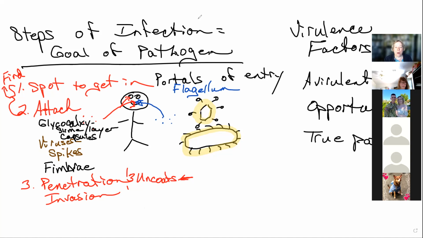So what would help a pathogen invade? Let's go ahead and start with viruses. What structures on a virus are going to help it get into the cell, invade the cell through the process of penetration and uncoating?